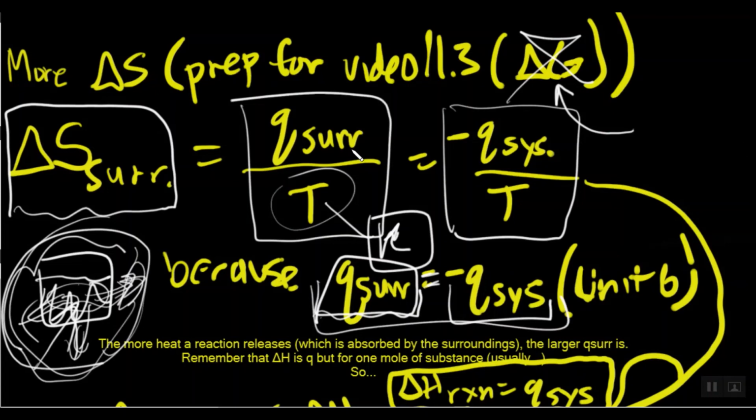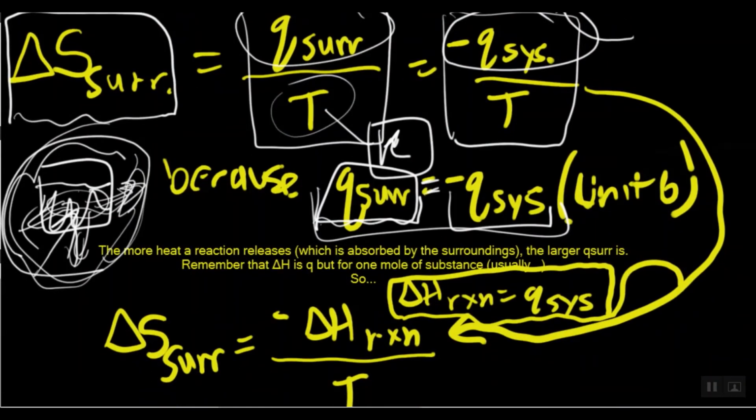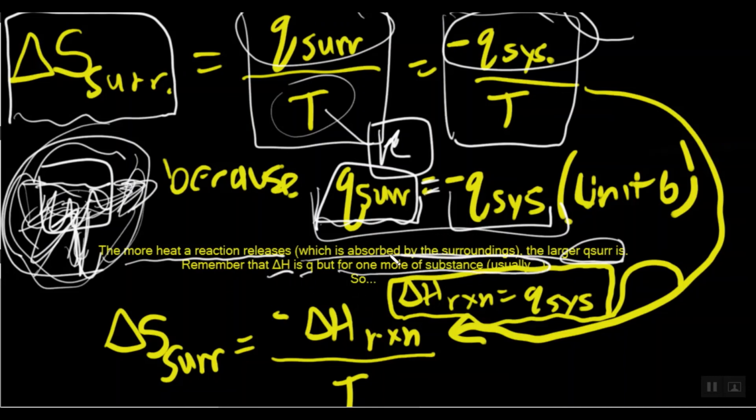Now, all we did was we substituted this for this, and we can actually go on to say that the more heat a reaction releases, the larger Q surroundings is, because if there's more heat that's being absorbed by the surroundings, the larger Q surr is. Now, we have to remember that delta H is Q, but for 1 mole of substance, usually.